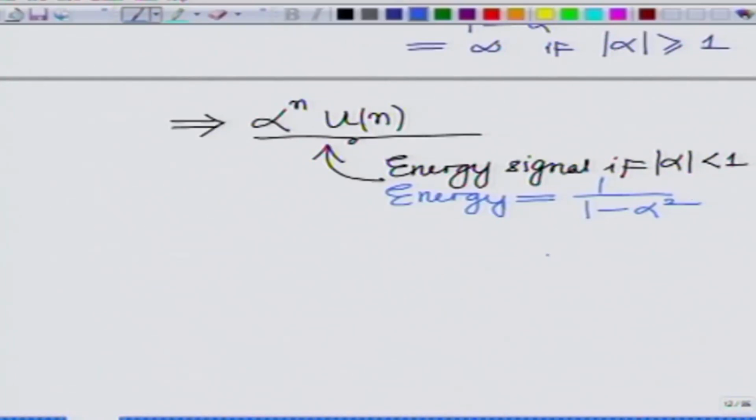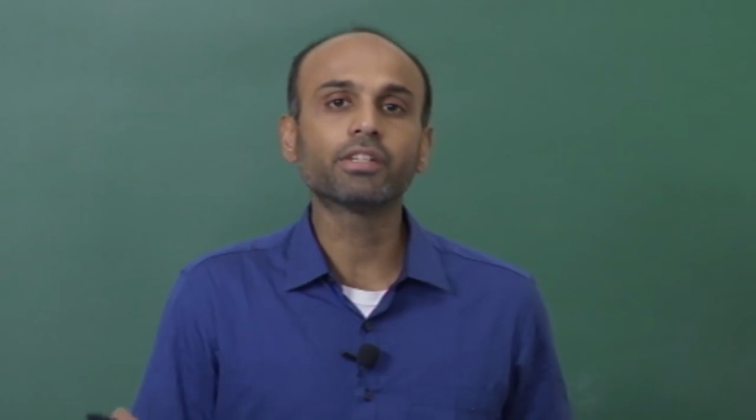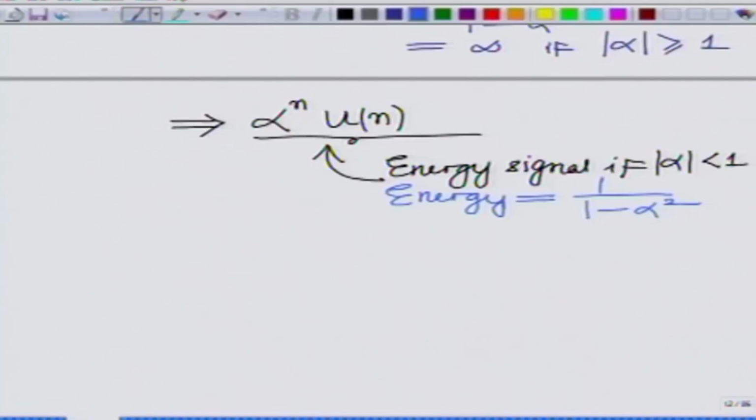So, this is an energy signal only if magnitude alpha is strictly less than 1, and in that case its energy is 1 over 1 minus alpha square. Otherwise, it is not an energy signal, its energy diverges. It means it does not have a finite energy. Energy is infinite. All right.